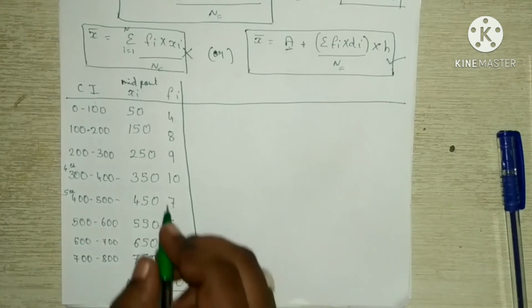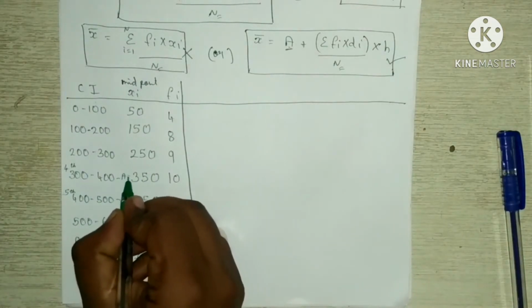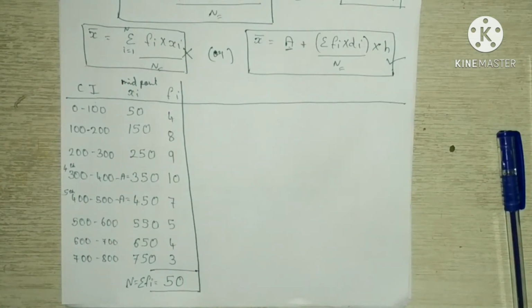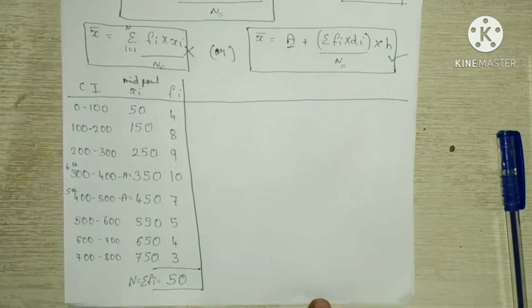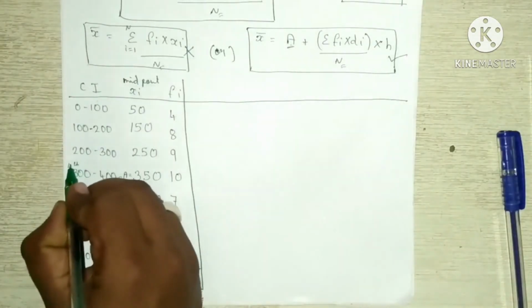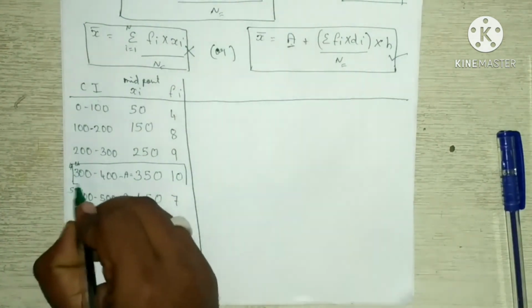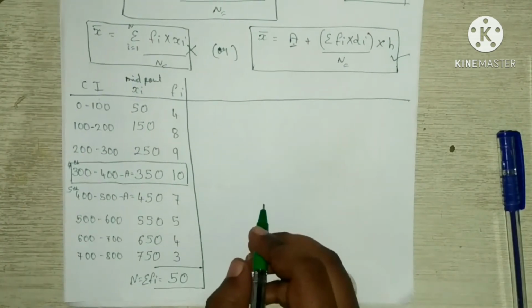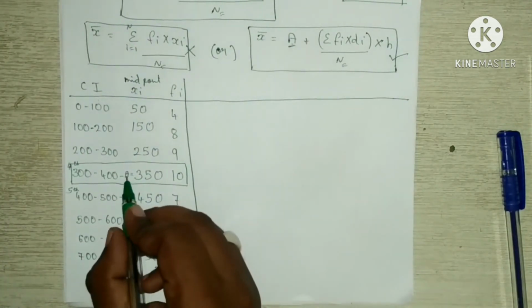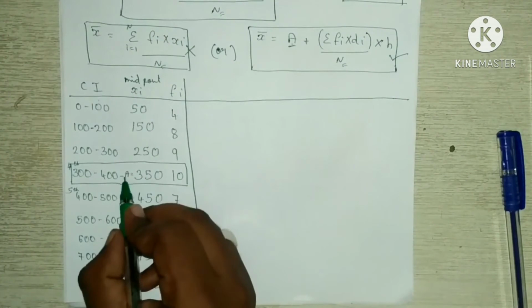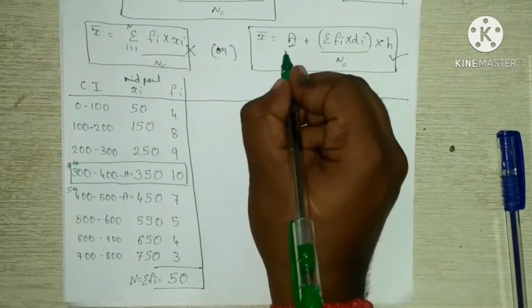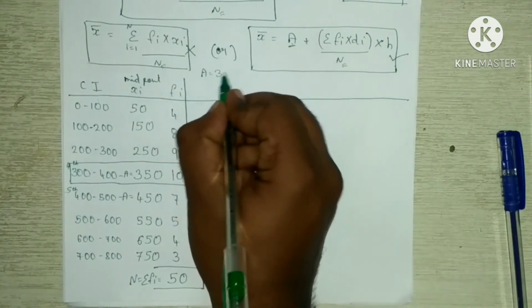You can consider a is equal to 350 or a is equal to 450. You can consider any of these values as a. For this problem I will consider 350 as a. So a is equal to 350.